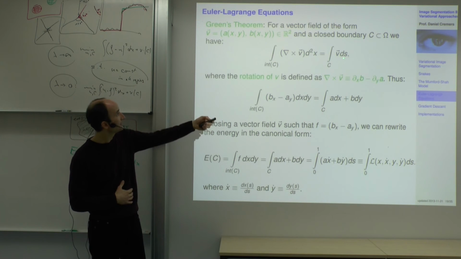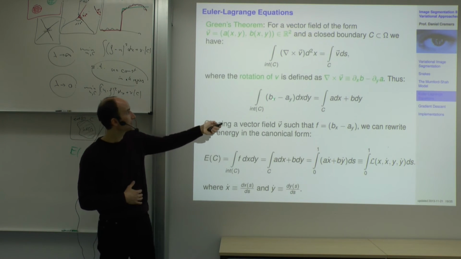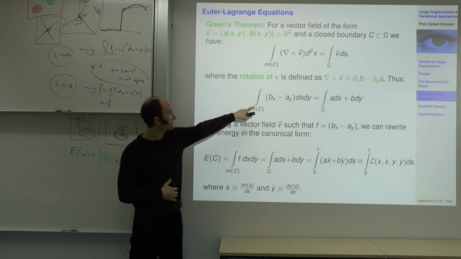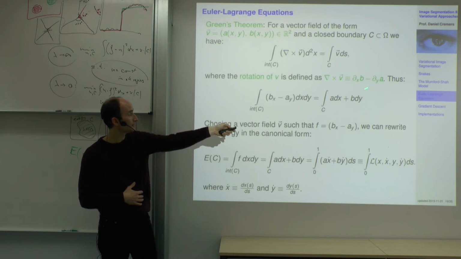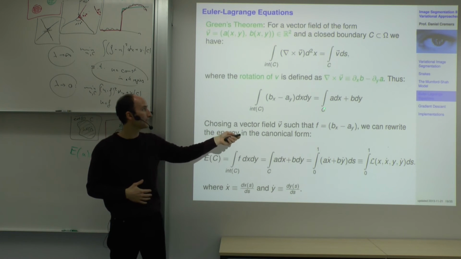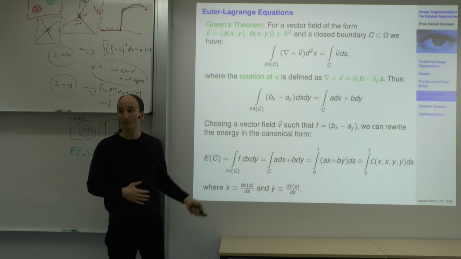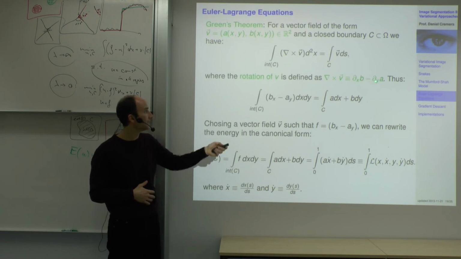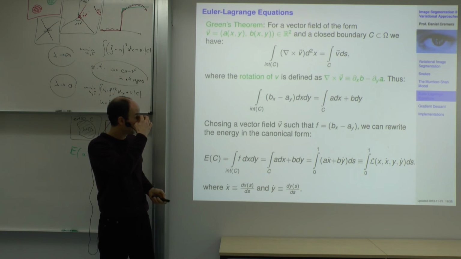And so Green's theorem, if we write it with A and B, says that the rotation of V, so Bx, the x derivative of B, minus Ay, the y derivative of A, integrated over the interior is the same as the integral of V ds, so that would be A dx plus B dy.